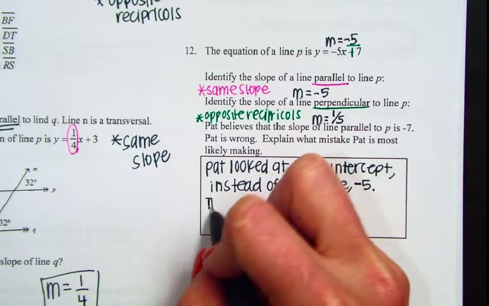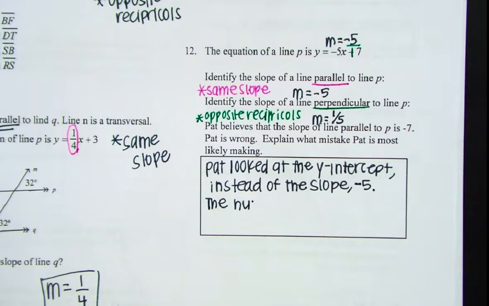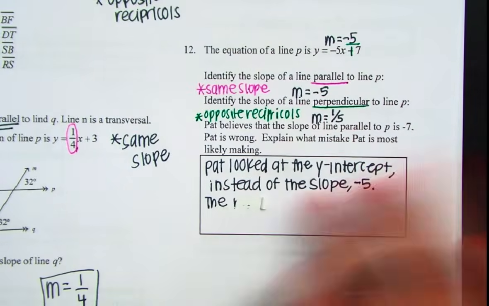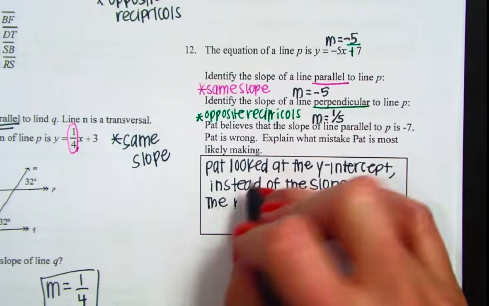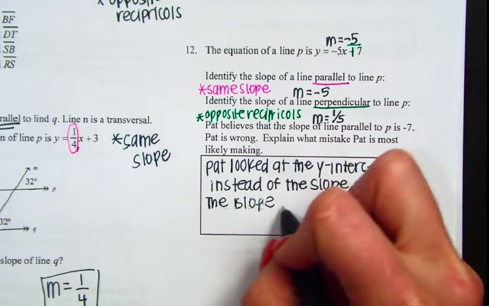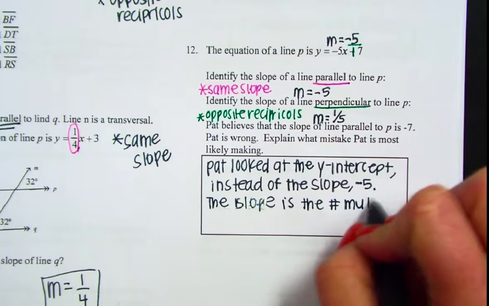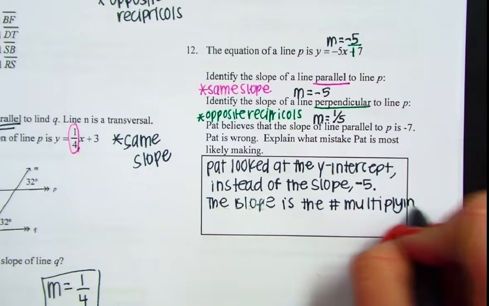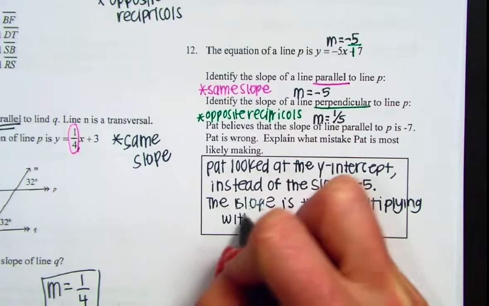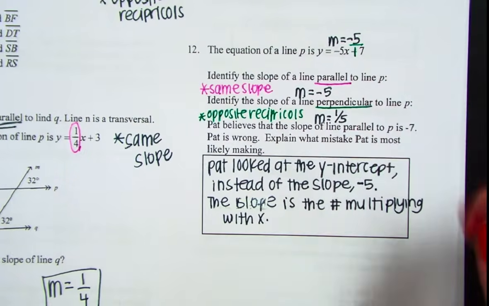So we can write down, so that Pat doesn't make this mistake again, the slope is the number multiplying x. That number in front of x is the slope, not the number out here.